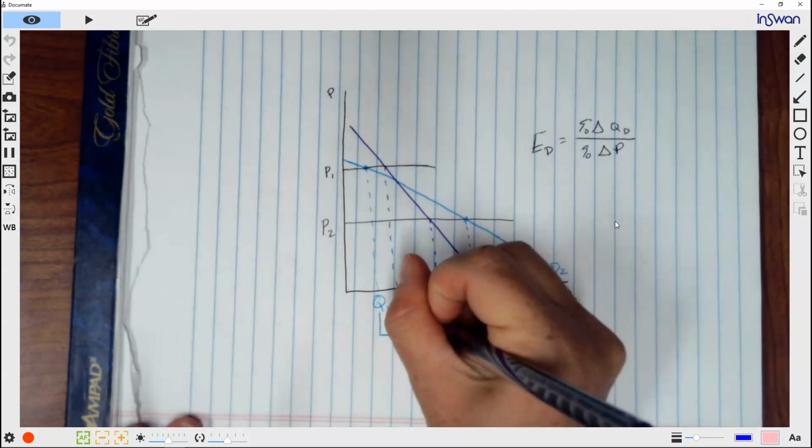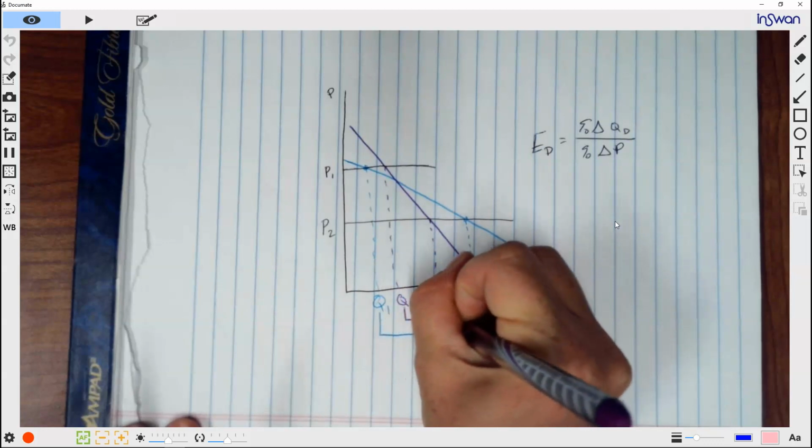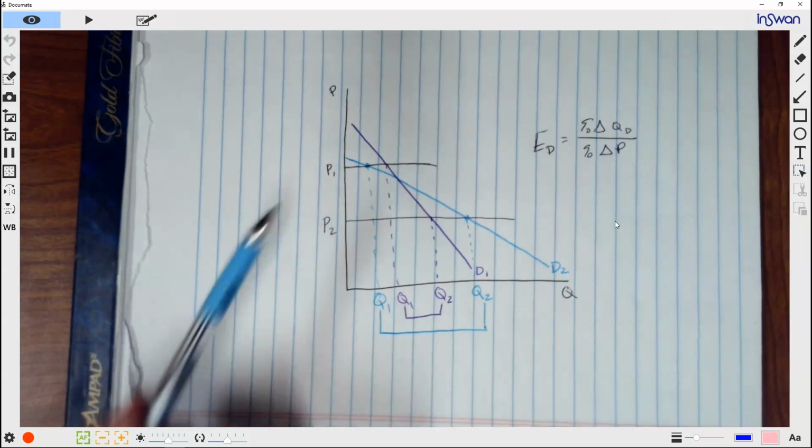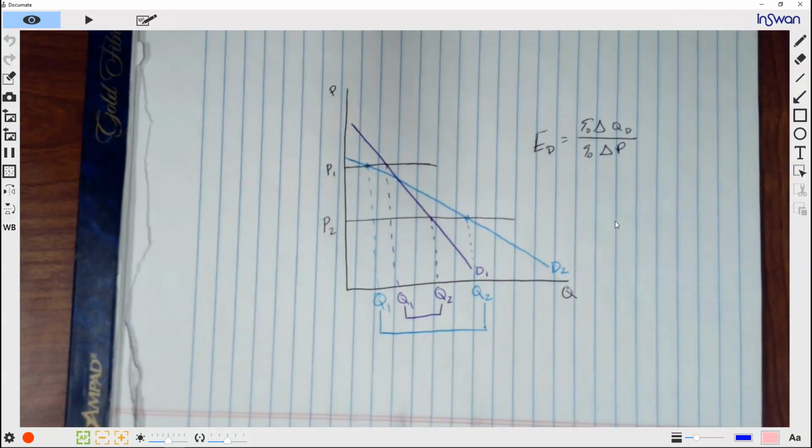With the purple curve, we only go from purple Q1 to purple Q2, right? So we see with exactly the same price change that the blue demand curve has a resulting change in quantity demanded that is much more drastic than under the purple demand curve.